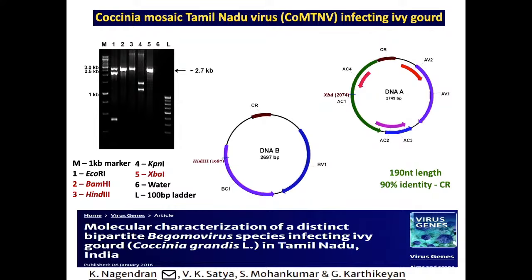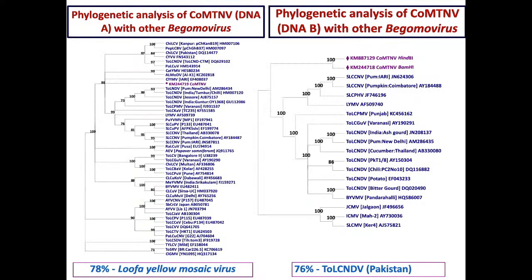Then again in coccinia, from Tindivanam, in the Viluppuram area of Tamil Nadu, we collected some samples showing different kinds of severe deformation of the fruits as well as the leaves, and that resulted in begomovirus genome amplification, and we got both DNA A and DNA B. But very interestingly, that DNA A was aligned with the Luffa yellow mosaic virus with only 78%.